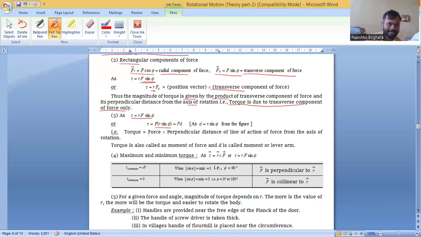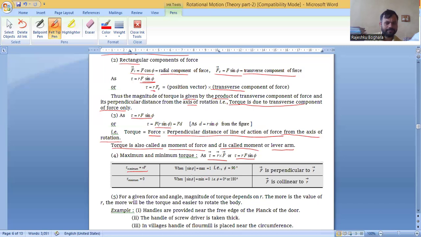So here torque is equal to force times the perpendicular distance of the line of action of the force from the axis of rotation. Torque is also called the moment of force, and D is called the moment arm or lever arm. So torque equals R cross F, which means R F sin phi. Where is torque maximum?